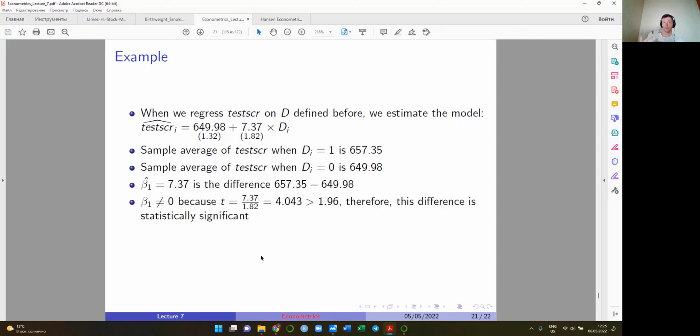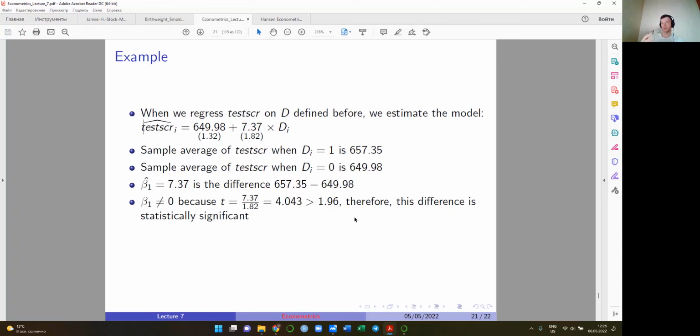Well, we know how to test the significance of a single coefficient. We just need to calculate the t-value. So the t-value is calculated simply by dividing the coefficient by the standard error in parentheses. It's 4.043. And we know that as a rule of thumb, we need to compare this with 1.96.